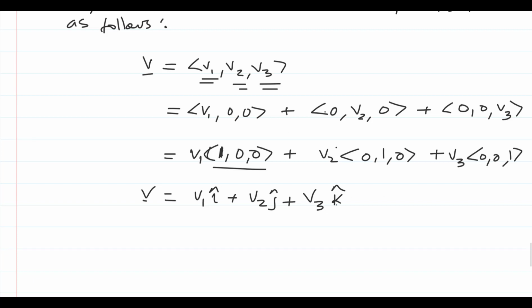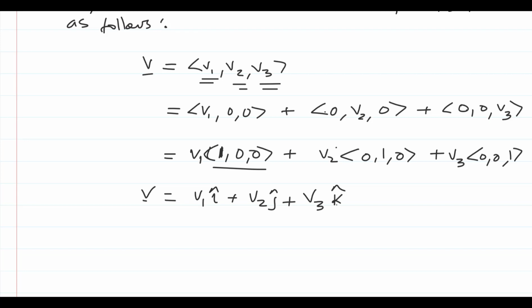Then what we get is a linear combination, and that will be our vector in terms of the standard unit vectors. Okay, and so v1 is the scalar quantity, the ith component of the vector v. v2 is the jth component, and v3 is the kth component.